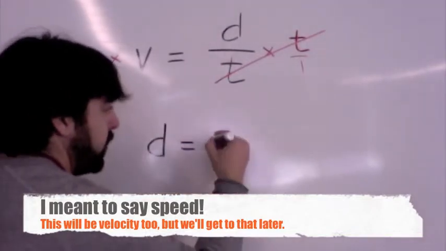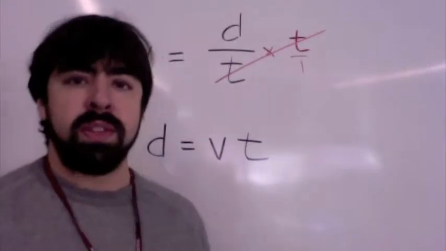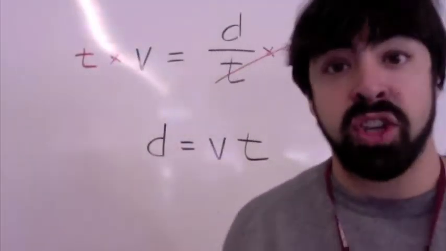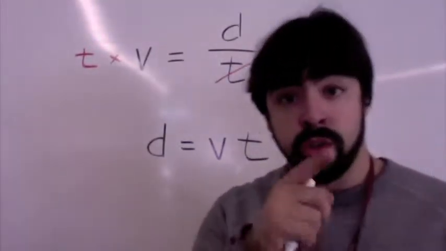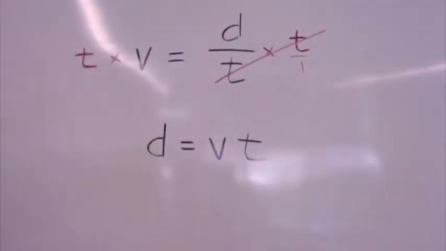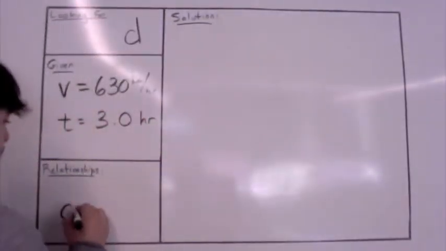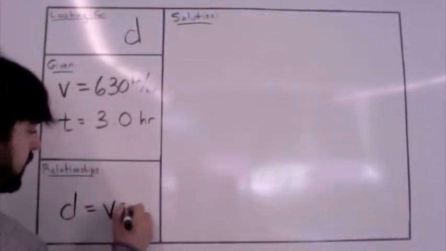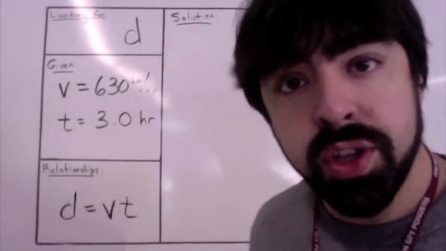Distance equals velocity times time. If you just put two letters together, it counts as saying multiply them together. You don't actually have to physically put in the x or the dot. This works just fine. So let's go back to that equation. So now that we have that, d equals vt. That's our relationship. We plug in and we solve.